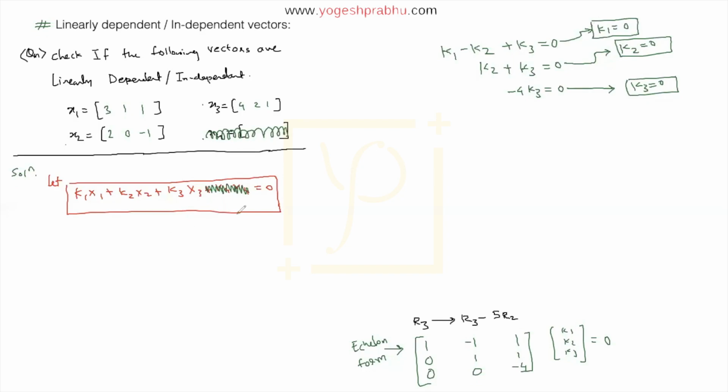If I substitute k1, k2, k3 equal to 0 in this equation, we will get 0x1 plus 0x2 plus 0x3 is equal to 0, which is a very valid statement. If you multiply x1 with 0, x2 with 0, and x3 with 0, you will get 0.